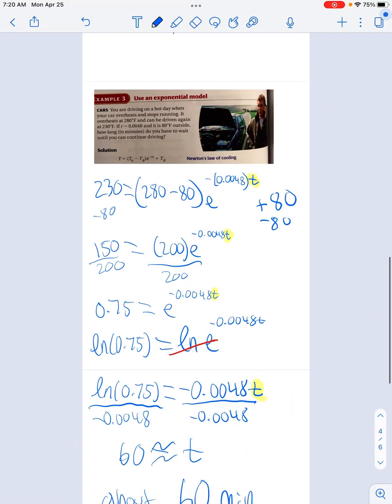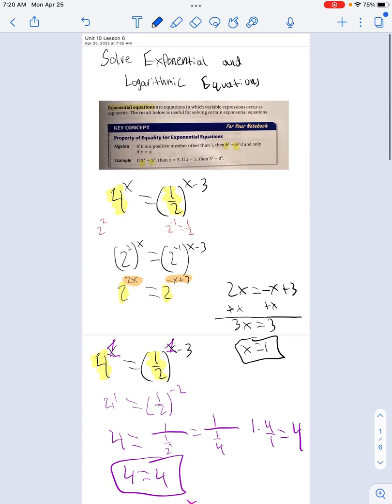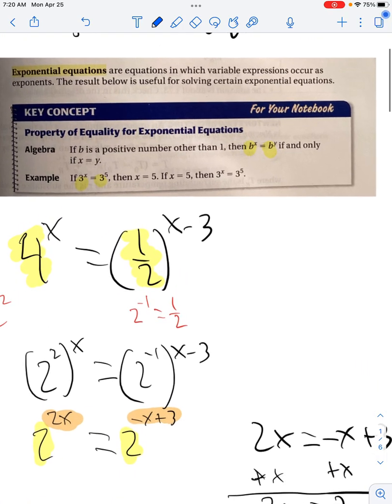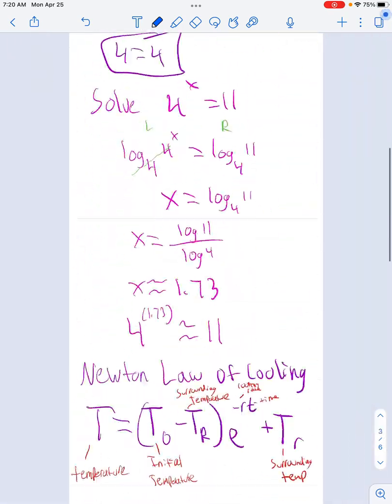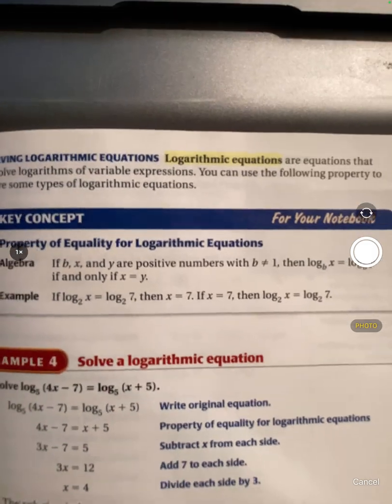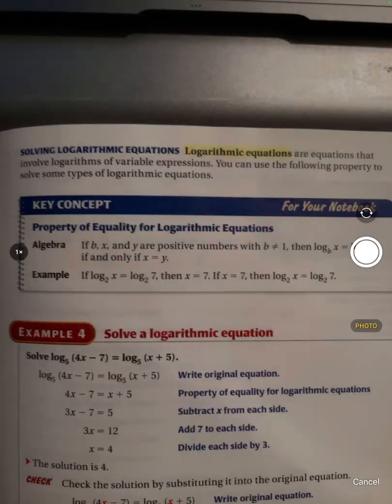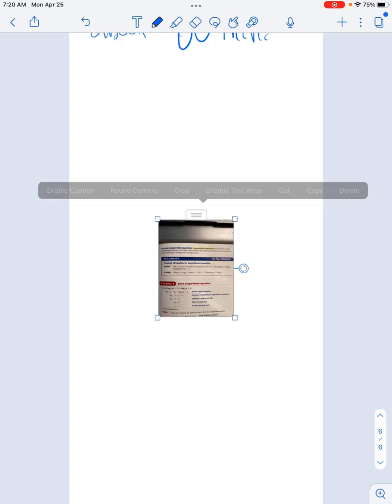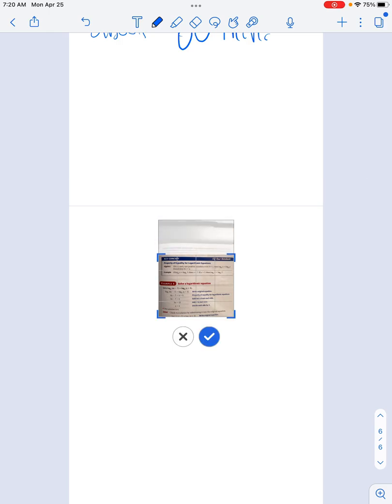And just like how we talked about right here, we can use this type of idea, the property of equality for exponential functions. The cool thing is it basically works exactly the same for logarithms too. So we have the same type of idea.